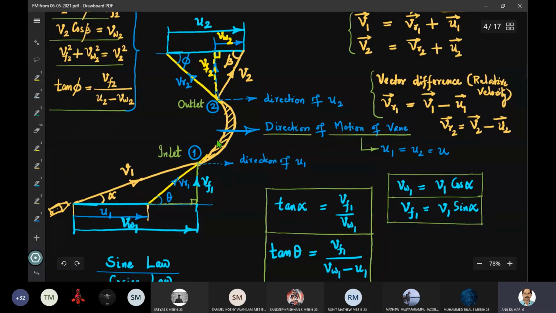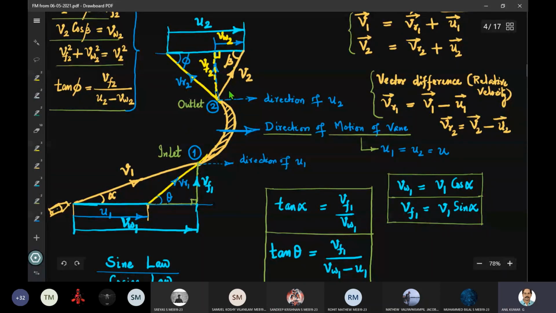So if the assumption that the surface of the blade is perfectly smooth and frictionless holds, then VR2 will be equal to VR1. Otherwise, in practical cases, we take VR2 as equal to K times VR1, where K is the blade surface friction coefficient, the value which we used to take between 0.8 and 0.9.